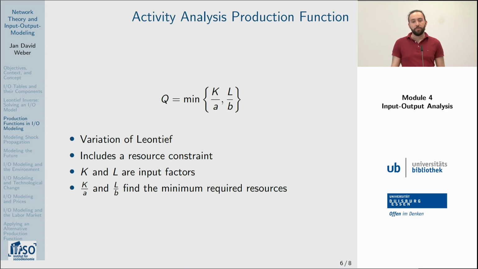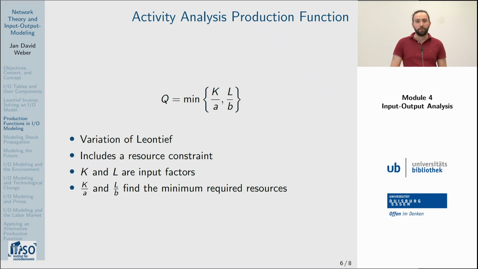And this is where the activity analysis production function comes in. It looks quite similar to the Leontief production functions, and the reason for that is because it is actually a variation of the Leontief production function. It includes a resource constraint, which also makes it extremely interesting if we have limited resources, like in a real-life economy.